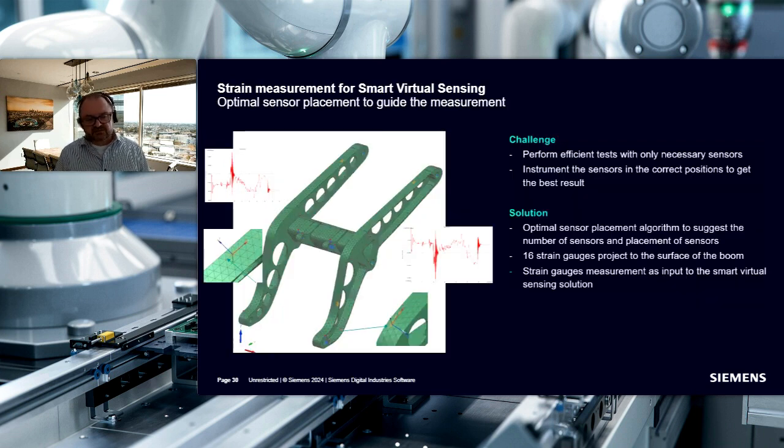The next step is where to put my strain gauges for the measurement. For that, we integrated tools to find the optimal sensor placement before the analysis. So you have a tool which tells you which are the most important points in the structure where I can put my measurements.